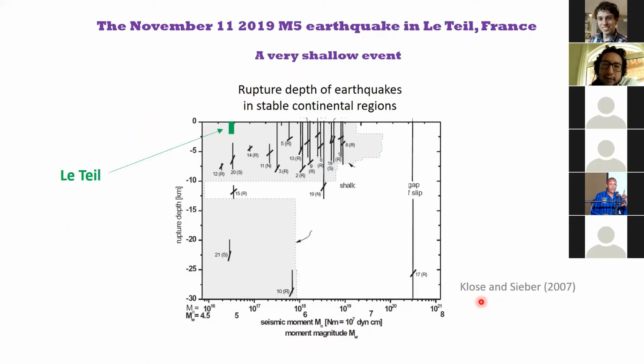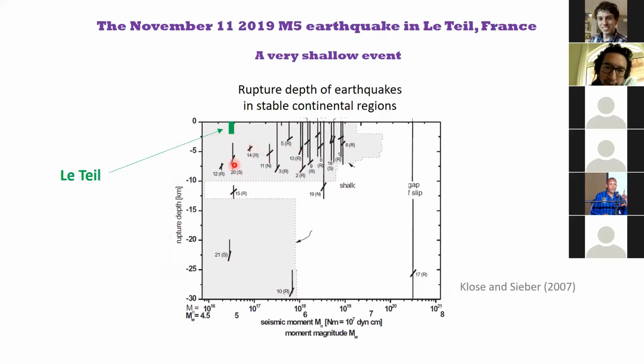To put in context the shallowness of this event, this figure shows a collection of earthquakes that have occurred in stable continental regions. That means far away from plate boundaries, and that is the case in the Teil. As a function of the moment of those earthquakes, each vertical bar shows the depth extent of those events.